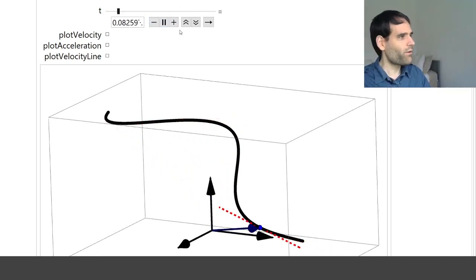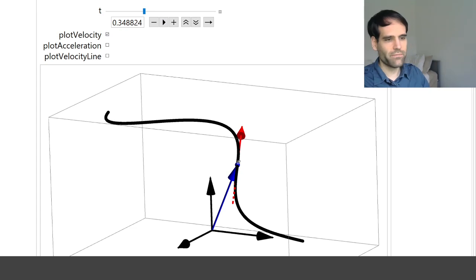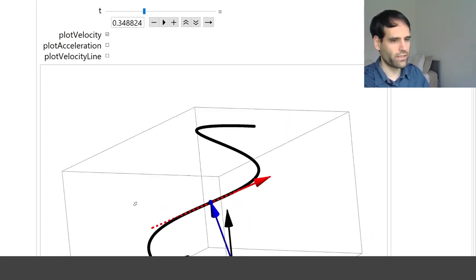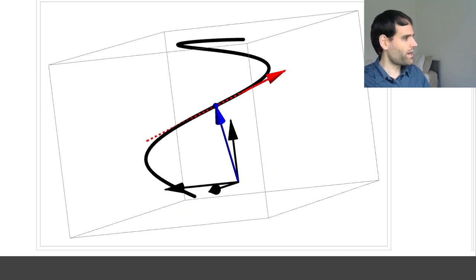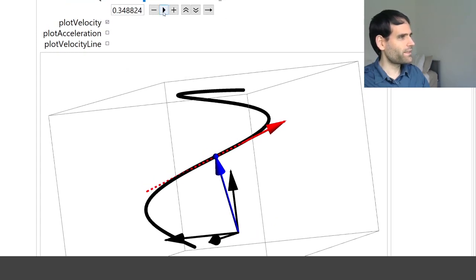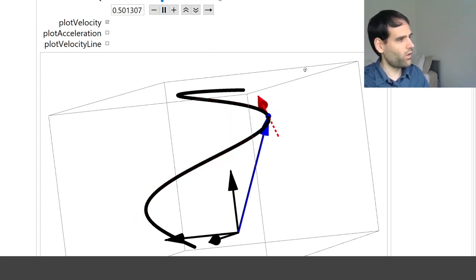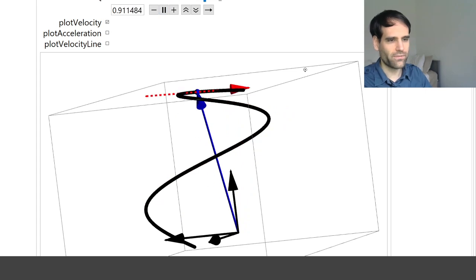Okay, now let me plot the derivative of this vector, of this blue vector, with respect to time. And now this is this red vector here. Please remember that this path is in 3 dimensions. Okay, so now I plot this red vector, and if I play time now, you can see that the red vector is always tangent to the curve.